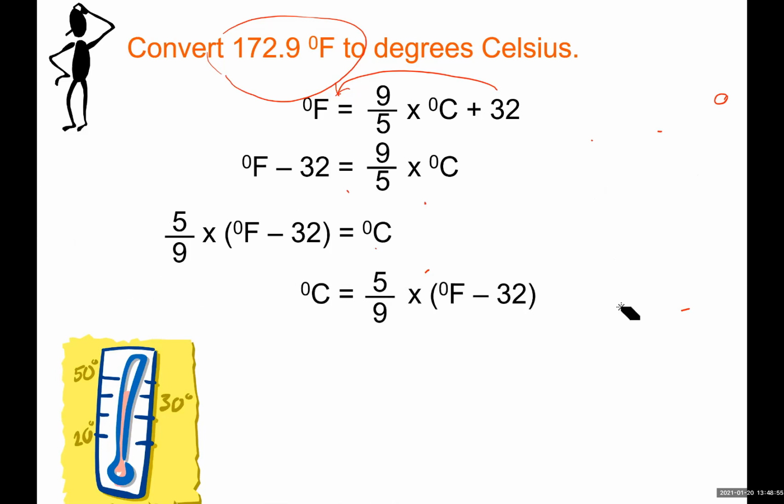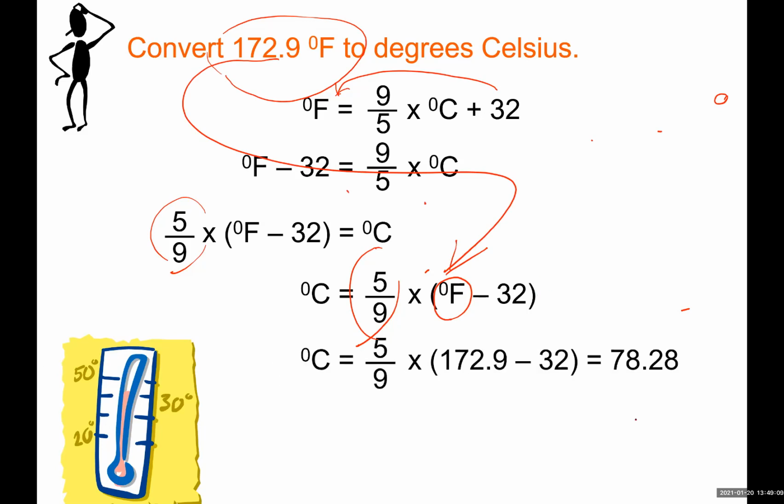The Celsius is 5/9, which is the inverse of 9/5, times Fahrenheit, which is 172.9 minus 32. That's how you can calculate Celsius. Did you get 78.28? That is equivalent to 172.9 Fahrenheit in Celsius.